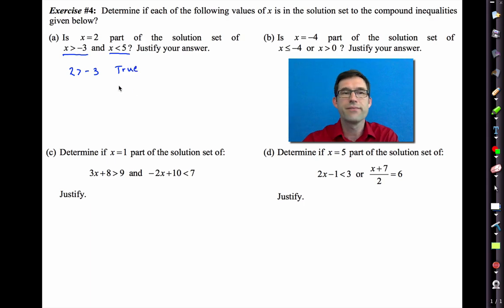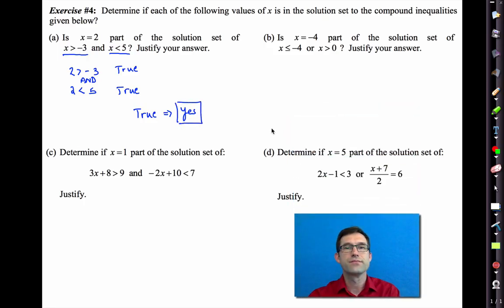It lies to the right of it. And 2 is less than 5. Oh, let me put the word and in here. And is very important. Well, that's also true, right? And will be true if both parts are true. So this is a true compound inequality, which means that yes, it is part of the solution set.